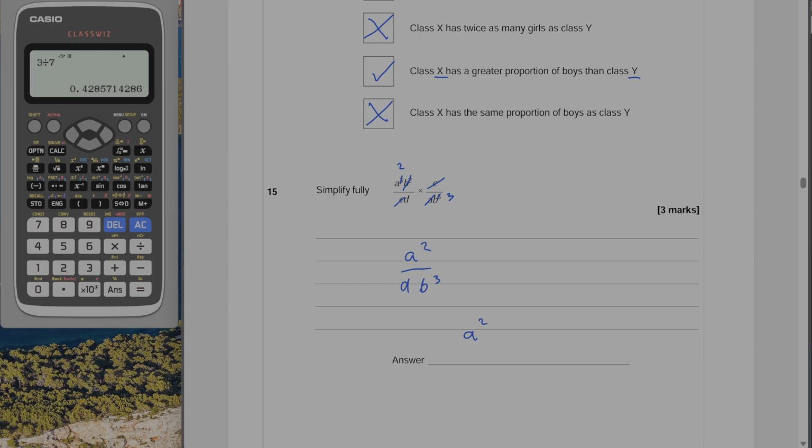So I'm going to leave it as A squared over DB cubed. Could write it other ways. Typical way would be A squared D to the -1, B to the -3. That would be arguably a better version. But I'm going to go for that as my answer.